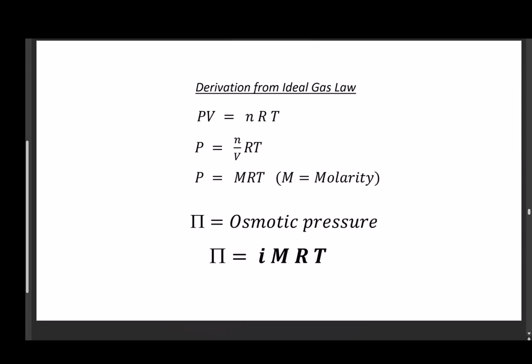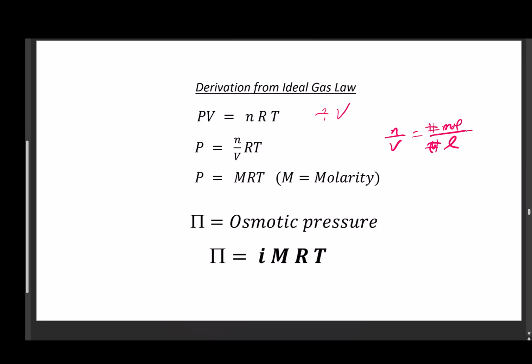We can derive the equation for osmotic pressure from the ideal gas law. So remember, PV equals nRT. If we solve for pressure by dividing by volume, divide the left side by V, it cancels out, ends up on the right side. We'll put it under n. n is number of moles, right? n over V is number of moles over volume in liters.